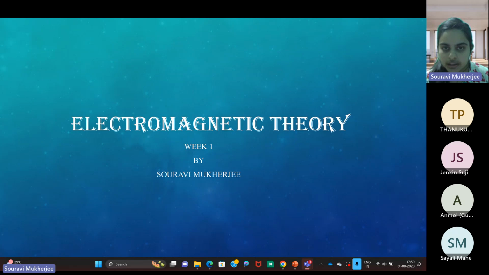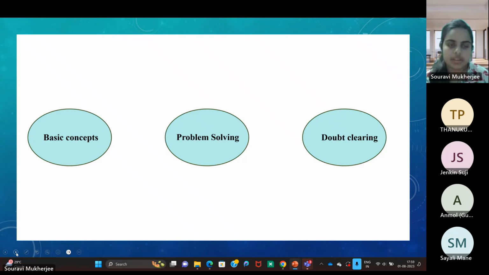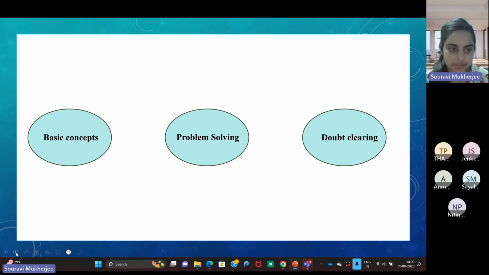So to start with, today's class will mostly concentrate on the basic concepts like vector analysis concepts, the theorems, and how to go to curvilinear coordinates. And then we'll see some problem solving. And finally, if you have some doubts, we will try to clear them.